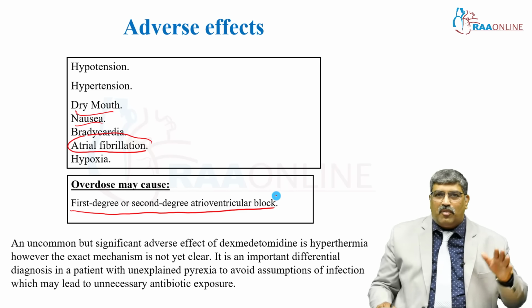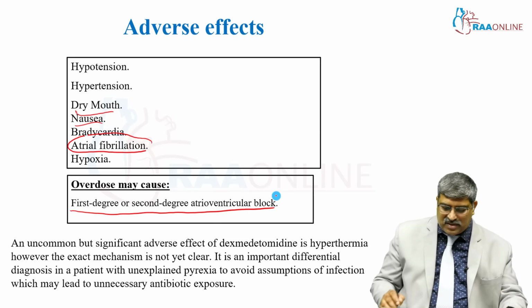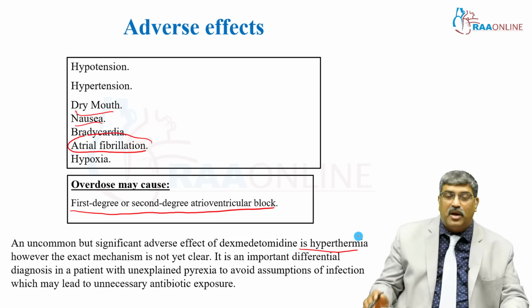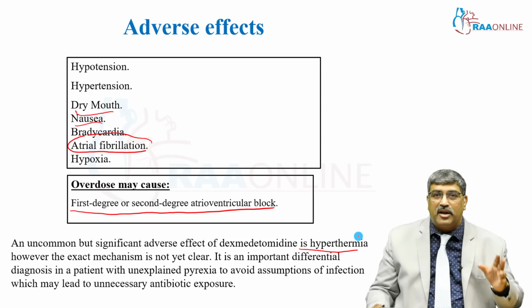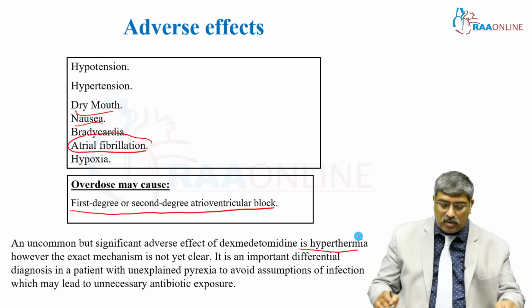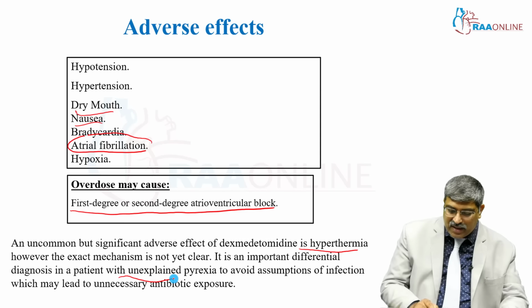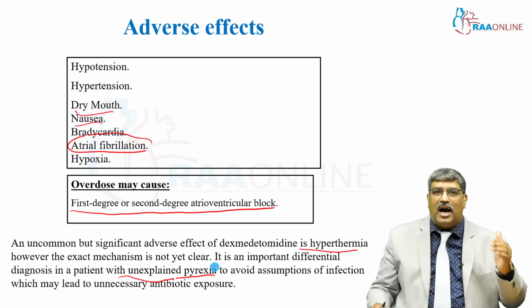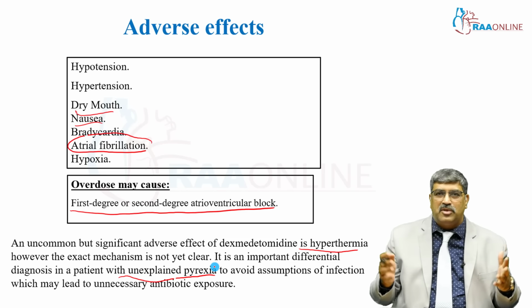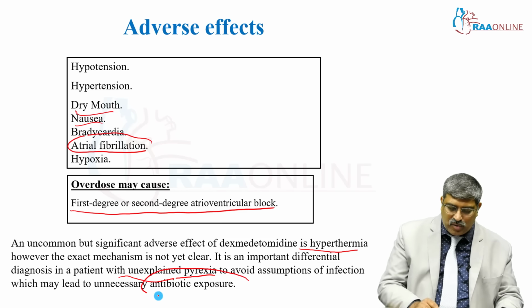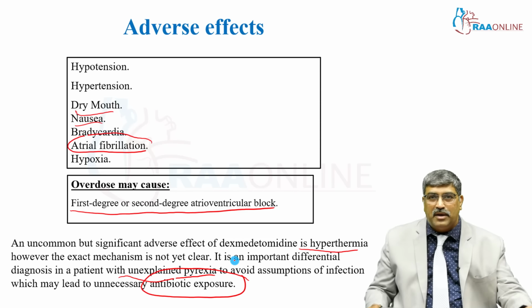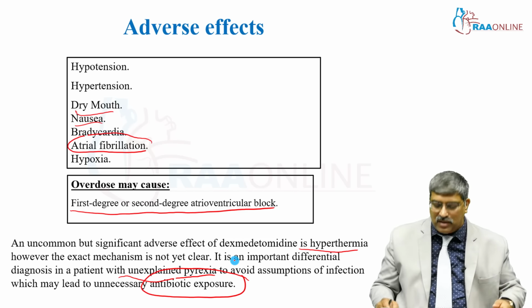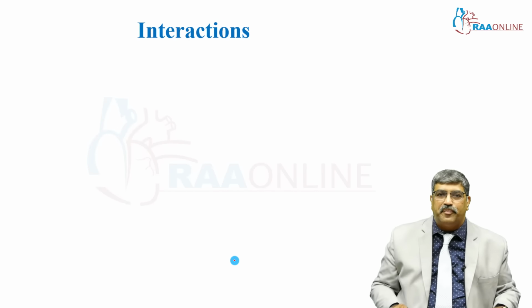And an uncommon side effect which I mentioned in the previous slide is hyperthermia. It is an important differential diagnosis in unexplained pyrexia to avoid assumption that infection is causing hyperpyrexia. Most of the time you assume that it is infection and you start an antibiotic. It might be dexmedetomidine infusion which is causing that hyperthermia.